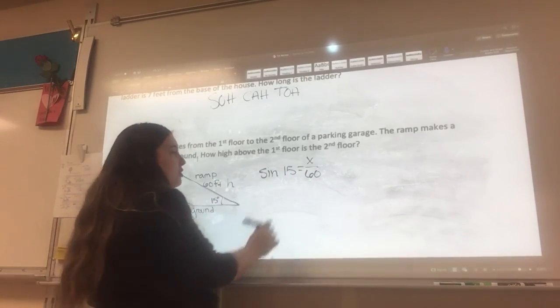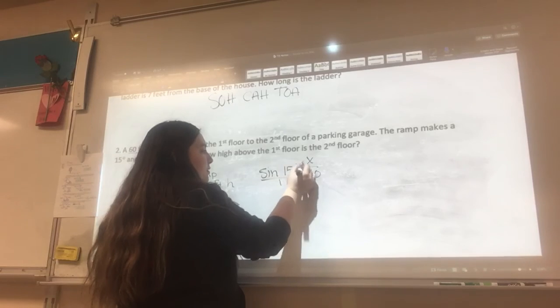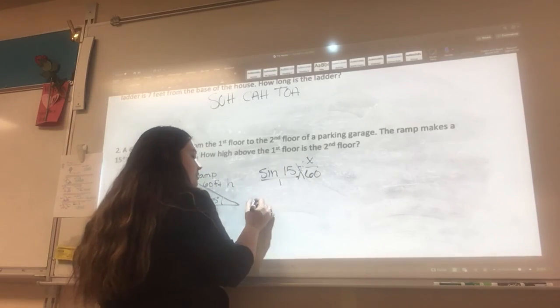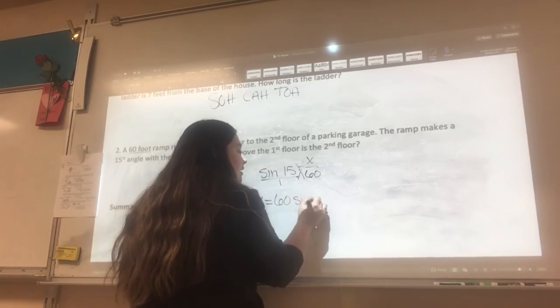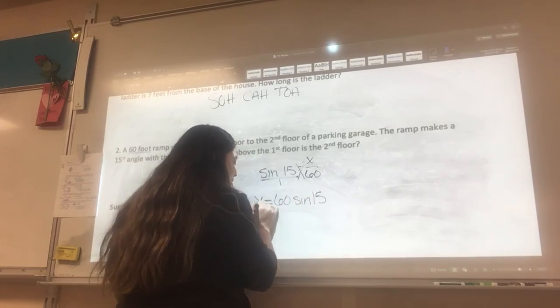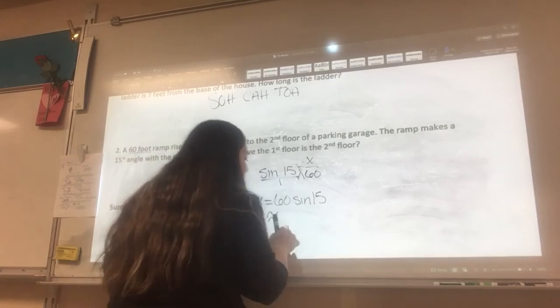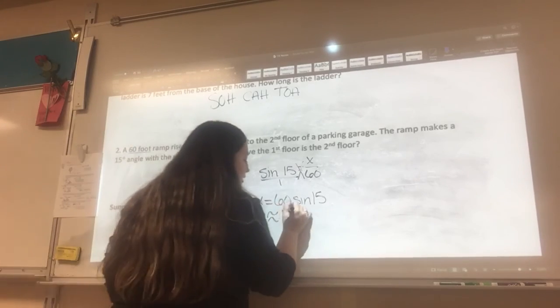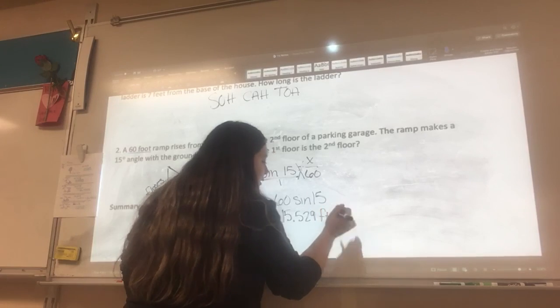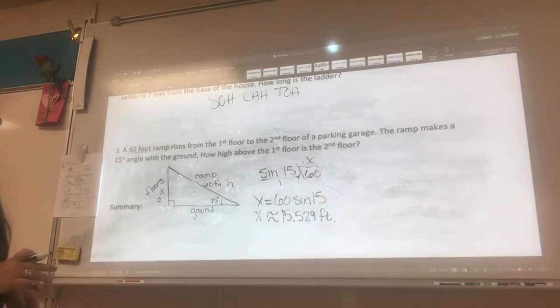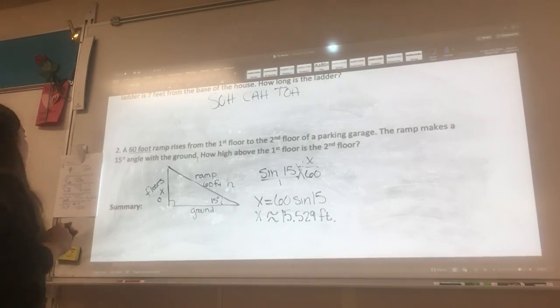We've set up our proportion. We put it over 1, we cross multiply variable first, and we're going to get x is equal to 60 sine of 15. Plug it into your calculator, and it is approximately 15.529 feet.